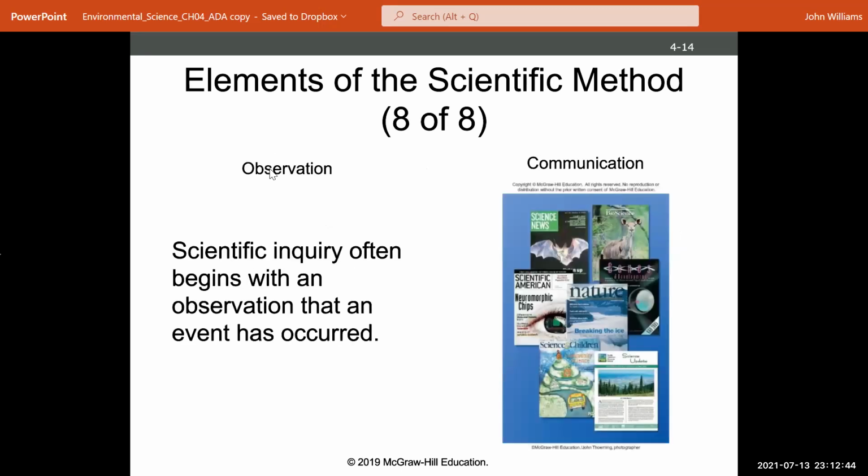And so, scientific query begins with an observation, an event that's occurred, and then we basically end with communication, where we're publishing our research, publishing our ideas, our understanding of events and observations, so that the rest of the scientific community and the public community can read and hopefully understand and take this new knowledge and information.